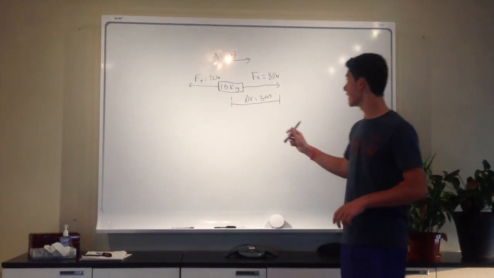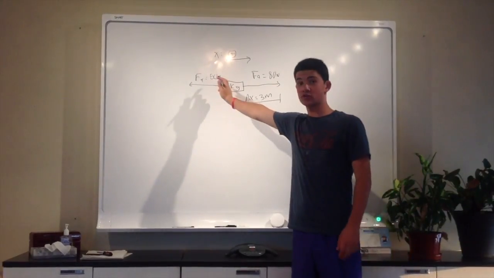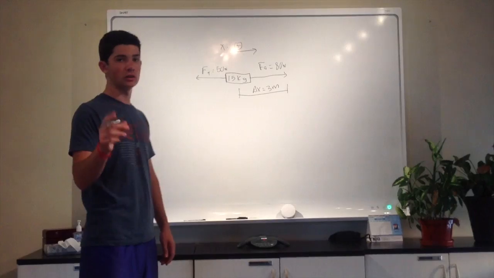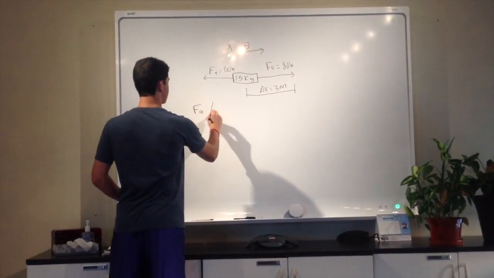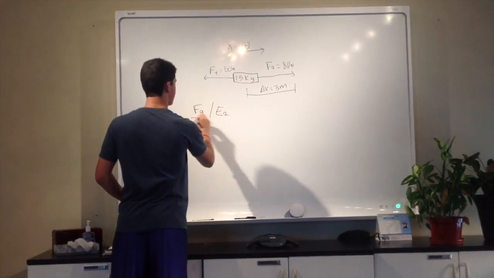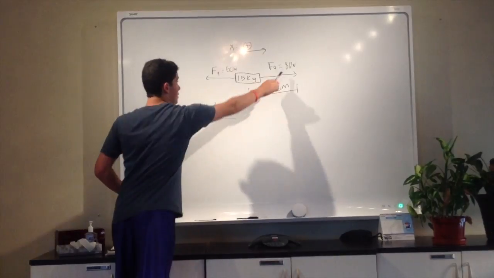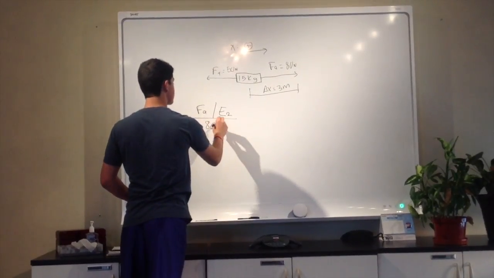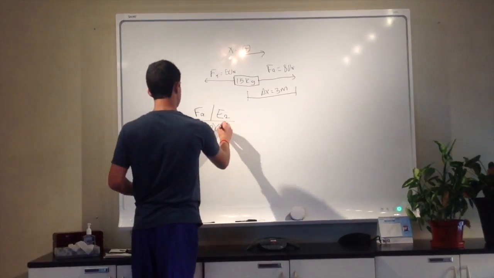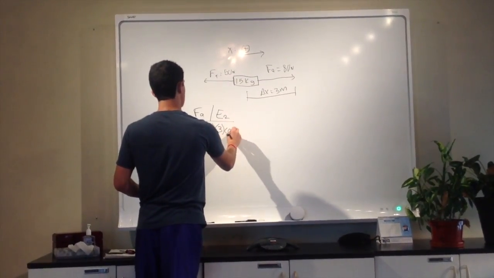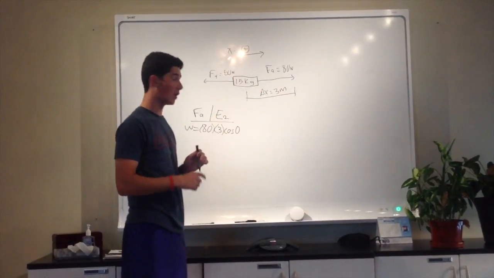So, we need to take the force applied energy and subtract the force of friction energy from it. Let's do the force applied. So, the work is equal to 80 newtons times the displacement, 3 meters, times cos of 0, because we chose this direction as positive.